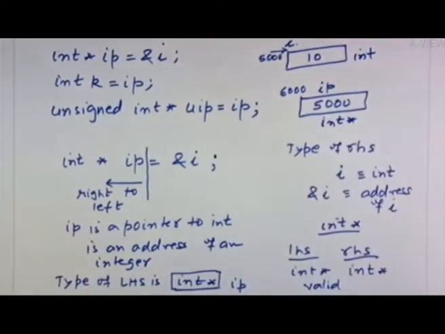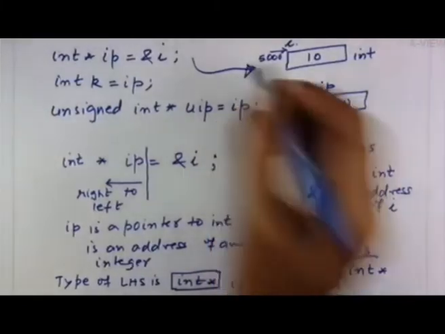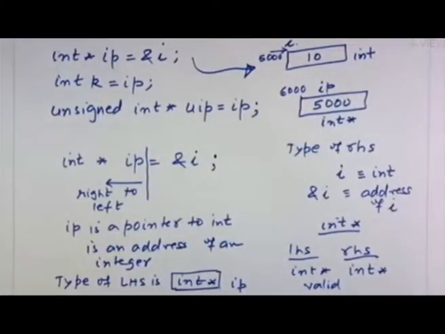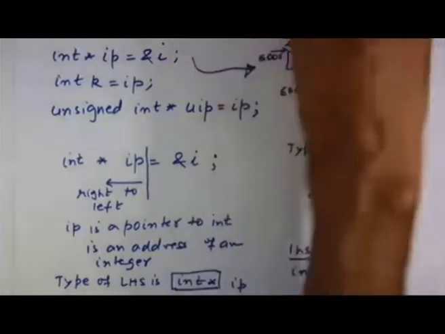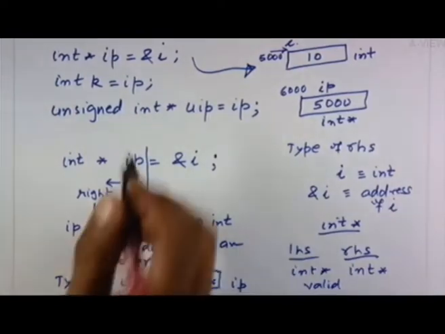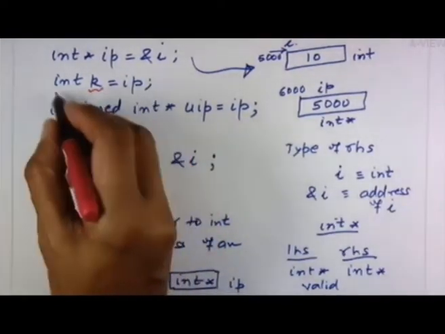So if you are dealing with such entities for the first time, given a declaration, you should be able to create this box mentally and check whether it is okay or not. If you look at the next assignment statement, which is int k equals IP, this also type checks. On the left hand side I have k whose type is int.